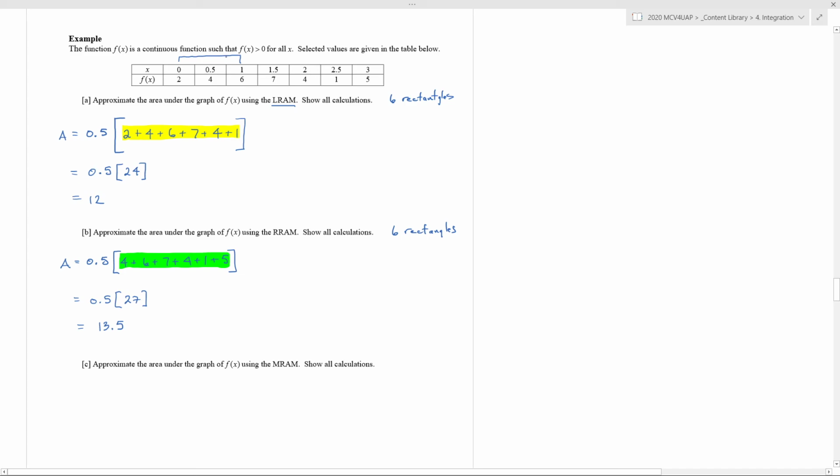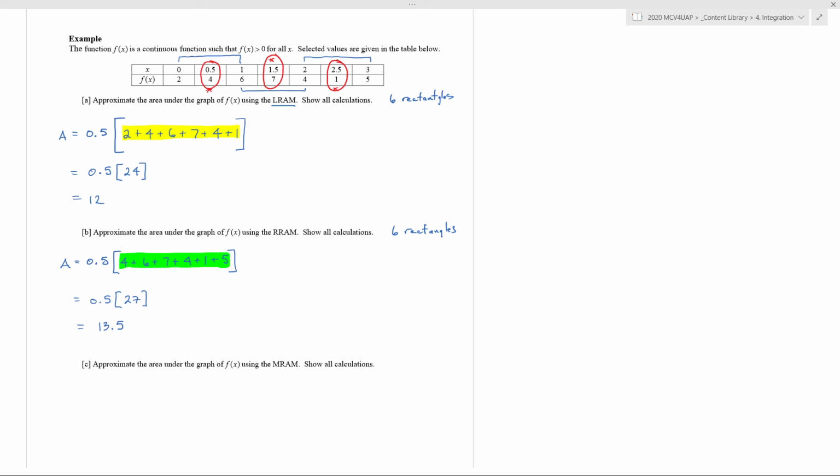The reason we do that is because these data points that I'm highlighting would be the midpoints of those three partitions. 0.5 is in the middle of 0 and 1, 1.5 is in the middle of 1 and 2, and 2.5 is in the middle of 2 and 3.